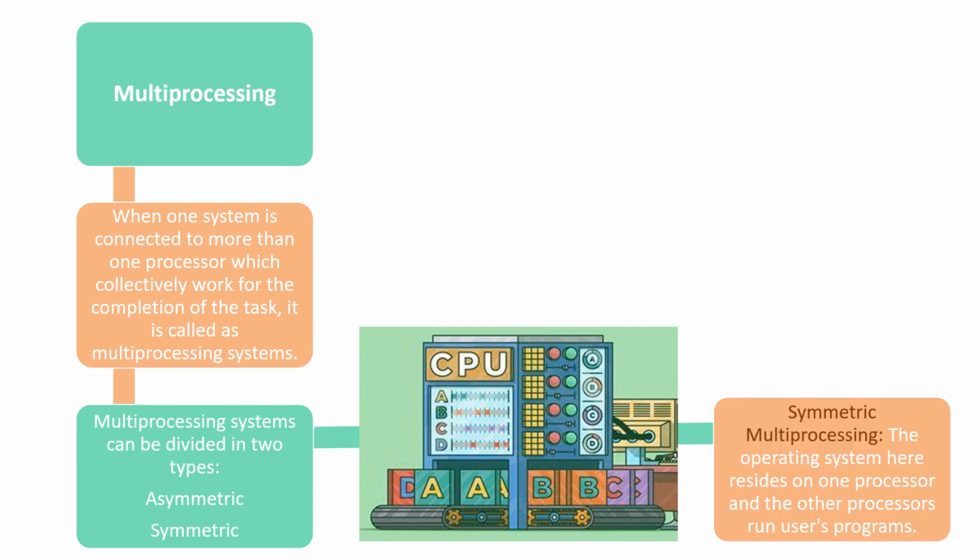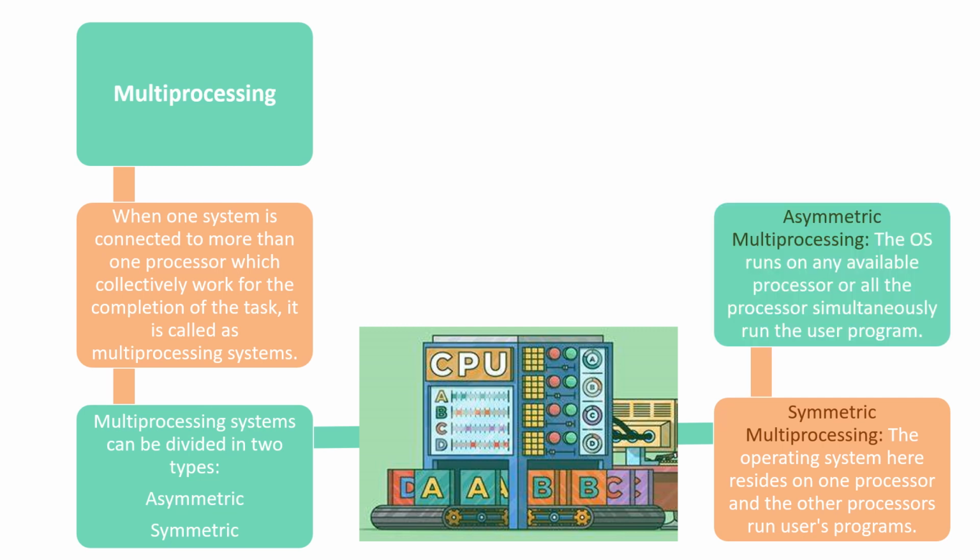First we can see what is symmetric multiprocessing. Here the operating system resides on one processor, and other processors run user programs. In asymmetric multiprocessing, the OS runs on any available processor, or the processors simultaneously run the user program.